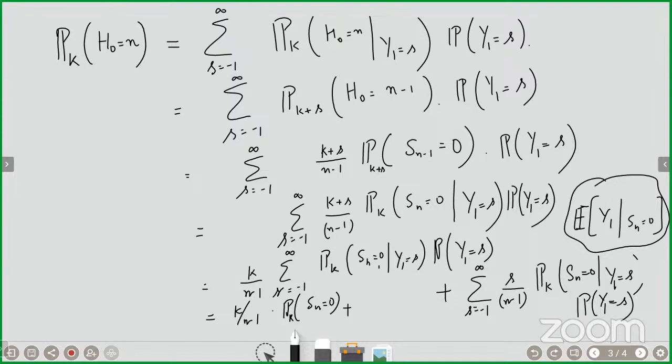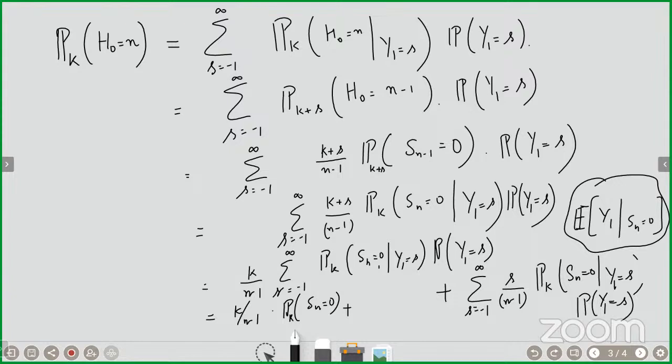What we've done here so far is condition on y1 is equal to s. You can do the reverse: condition on S_n equal to 0. It can be written in two different ways. Now I can start writing it as the probability of S_n equal to 0 times the probability of y1 equal to s given S_n. And s, when getting multiplied from the outside, is exactly this.